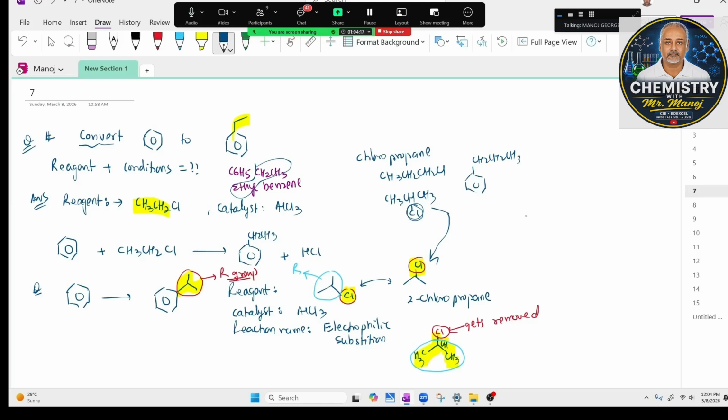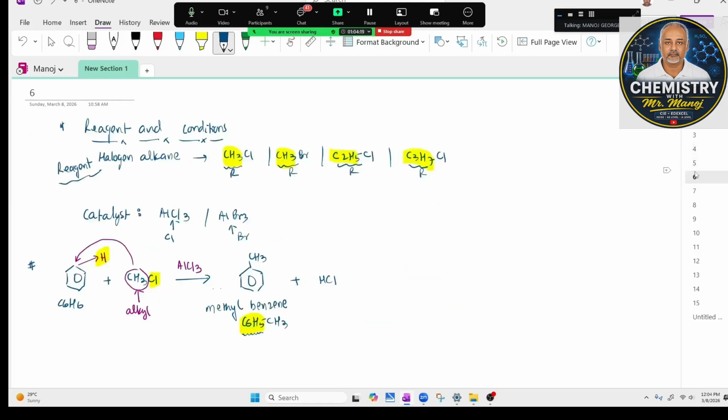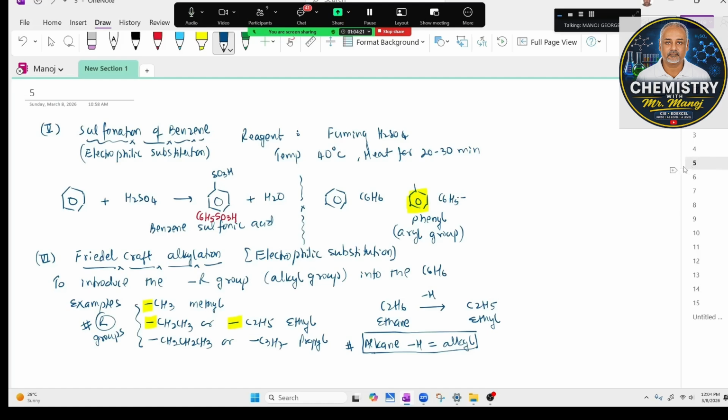This is called Friedel-Crafts acylation. So I did Friedel-Crafts alkylation. That is reaction number 6. We are now doing the last of the reactions, Friedel-Crafts acylation, which is a carbon copy of everything I spoke about for the last 3 minutes. But the only difference now is that my reagent is different and this point is going to get changed.